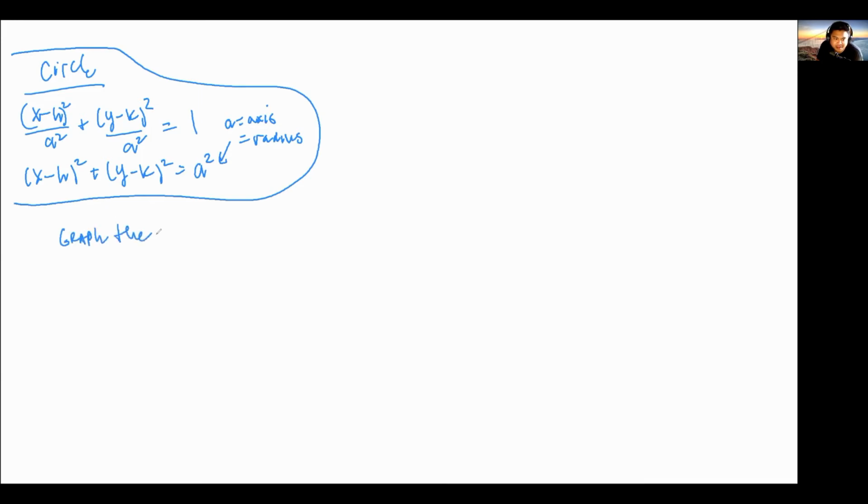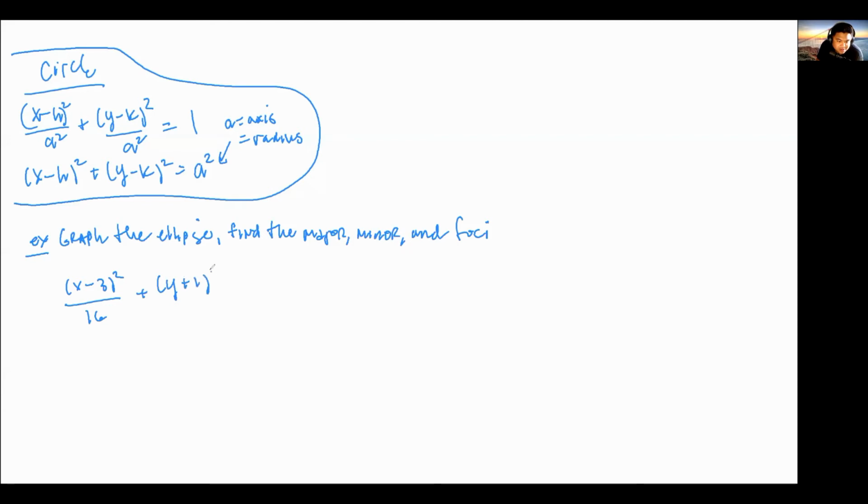Graph the ellipse. Let's go x minus 3 squared all over 16 plus y plus 1 squared all over 4 equals 1.